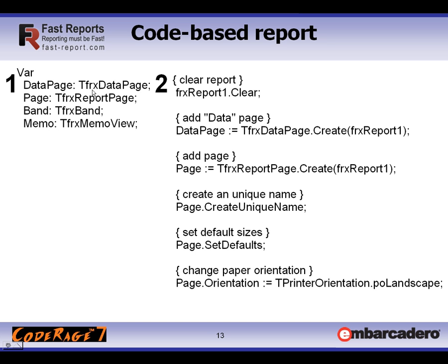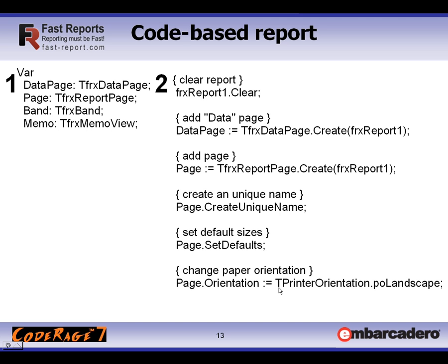We define variables, then clear the report, add a data page, add a reporting page, create a unique name, set the size of the report, and set the paper orientation.